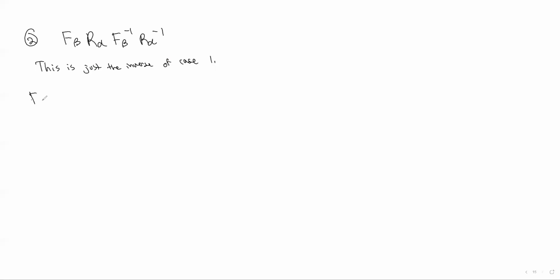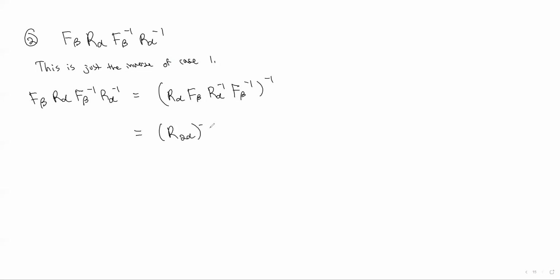So note that F beta, R alpha, F beta inverse, R alpha inverse is just the inverse of R alpha, F beta, R alpha inverse, F beta inverse. It's just the inverse of that. So we already know what it is based on case one. So it's R2 alpha inverse, and so that's R negative 2 alpha.